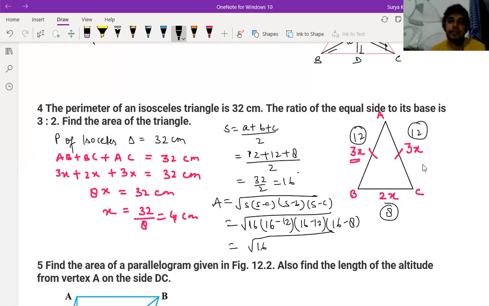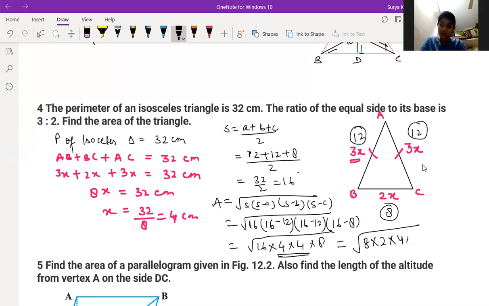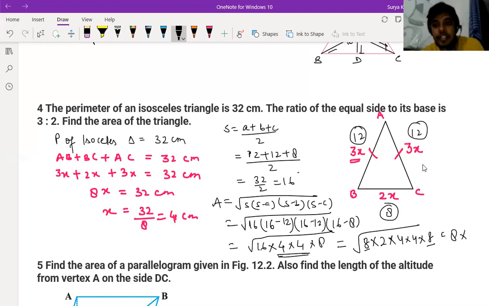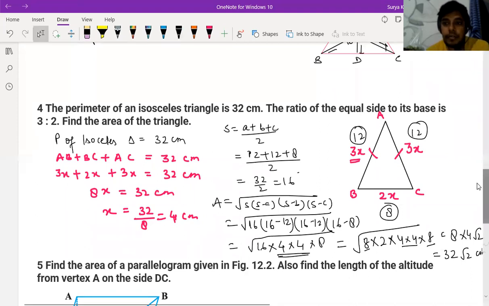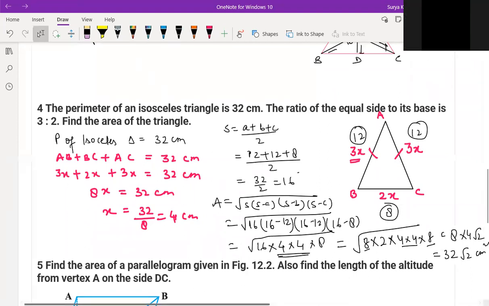So 16 multiplied by 4 into 4 into 8. We can write 16 as 8 into 2, and 8 is already there, so 8 is common. So the answer is coming 32 root 2 centimeter square. Is it clear to everyone? 32 root 2 is the answer.